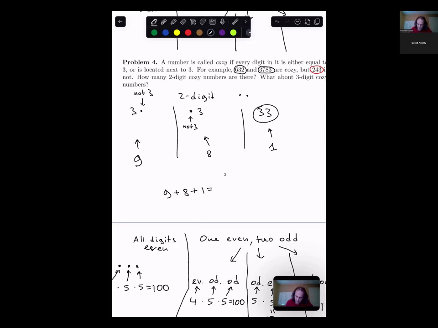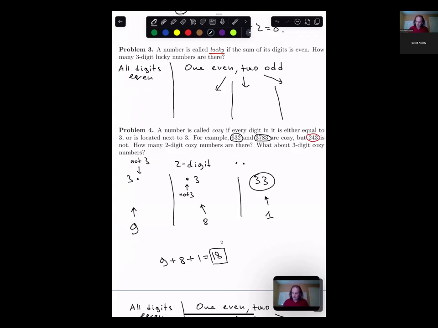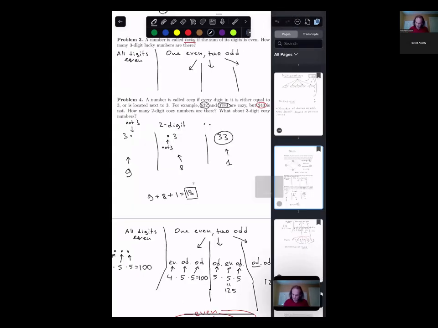That is 18. There are 18 cozy two-digit numbers. All right. Okay, so let's try now the three-digit cozy numbers. What will happen with three-digit cozy numbers?